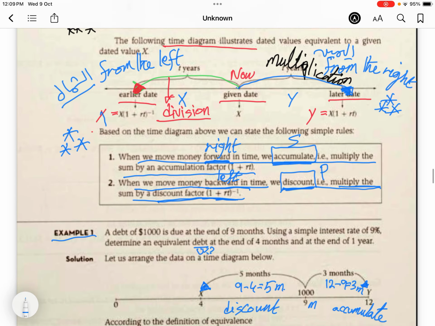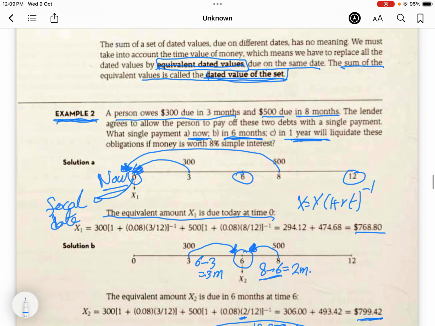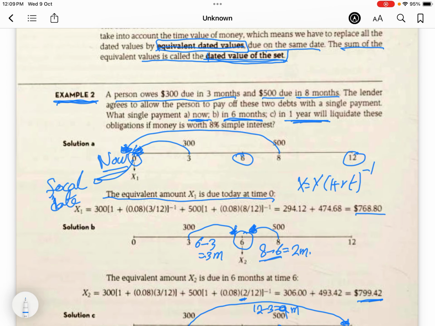As we said before, moving to the left, you must divide. 300 first debt, 300 multiplied by 1 plus 0.08 multiplied by 3 over 12, to the power negative 1, plus 500 multiplied by 1 plus 0.08 multiplied by 8 over 12, to the power negative 1. Then we will have 768.80.